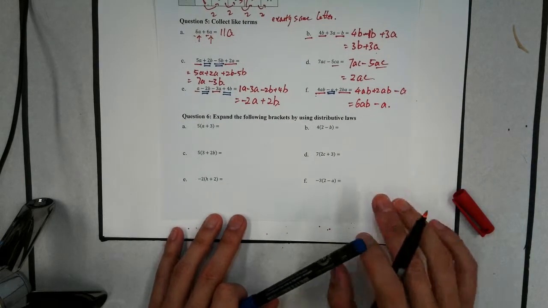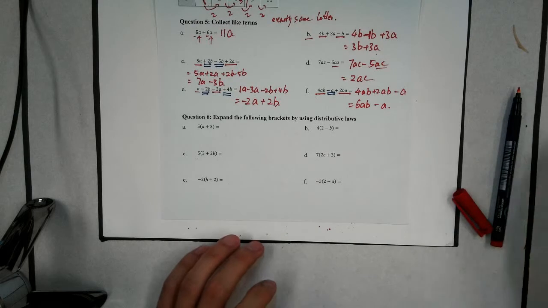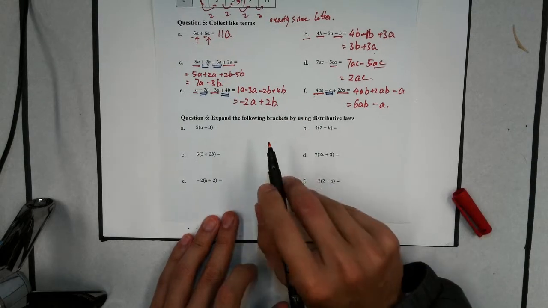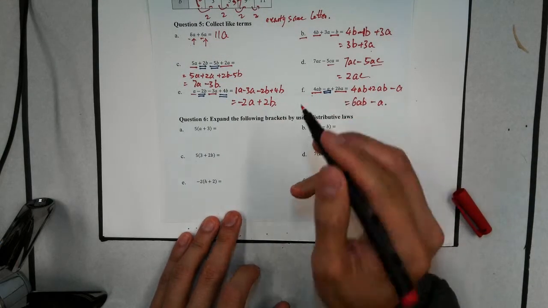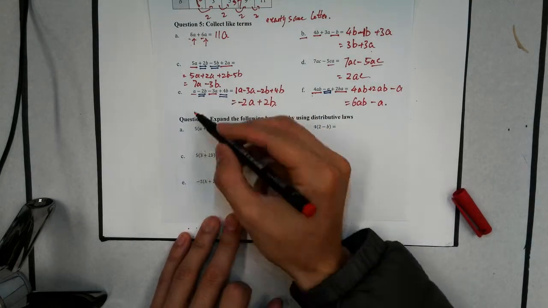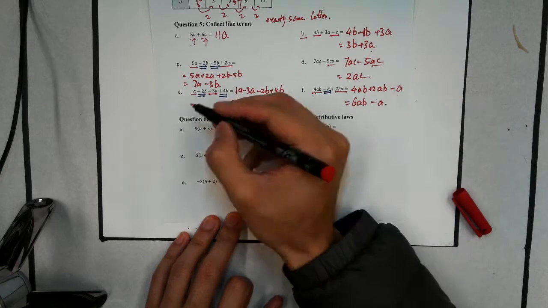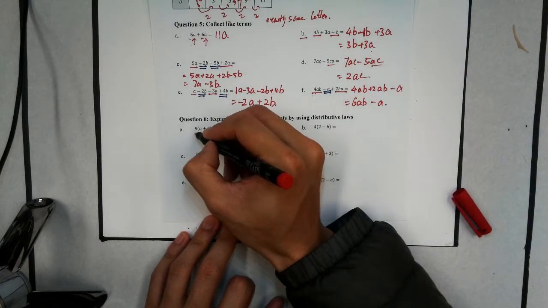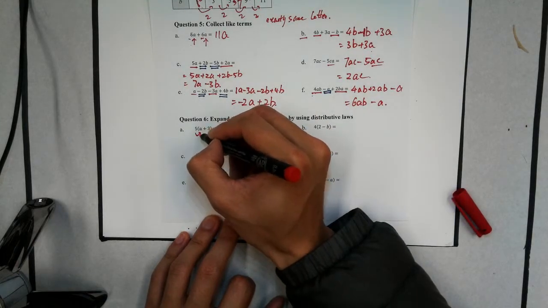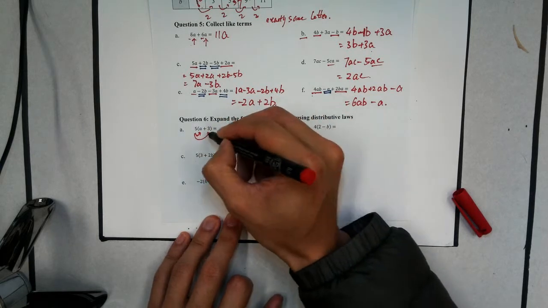So the last content would be expanding the bracket. Expanding the bracket means we need to get rid of the bracket. So the method is we need to use the outside number times the inside number.